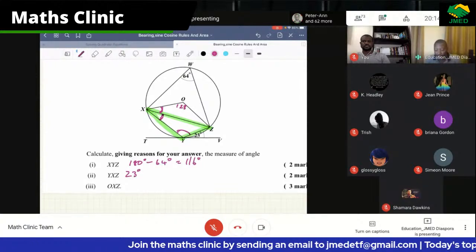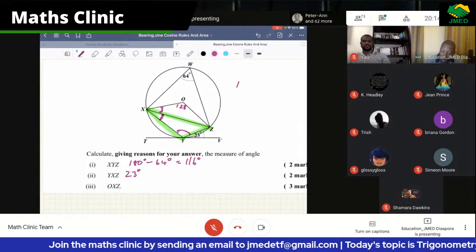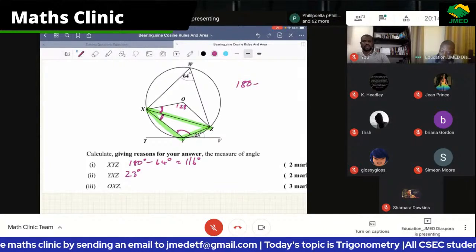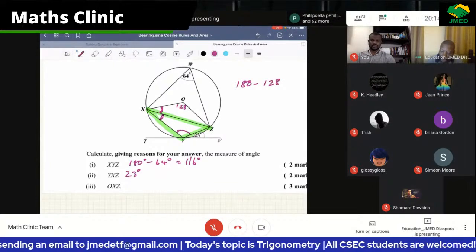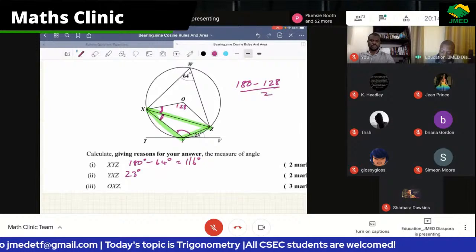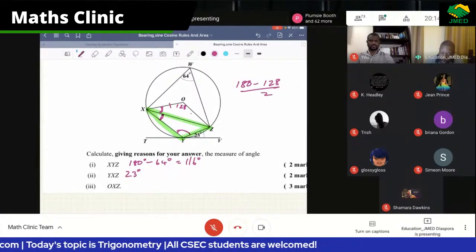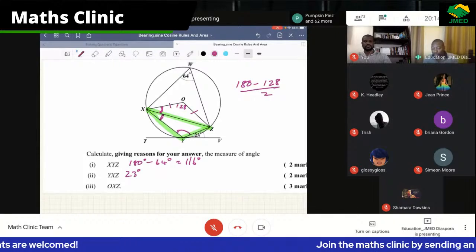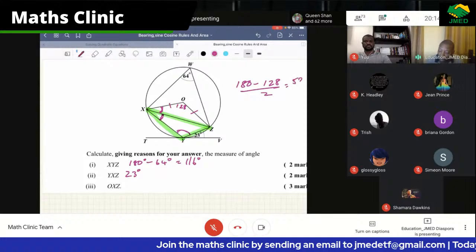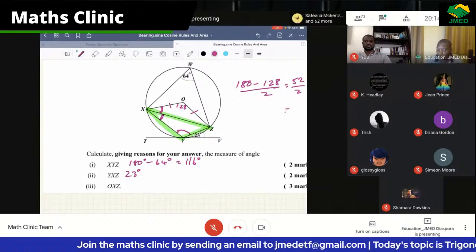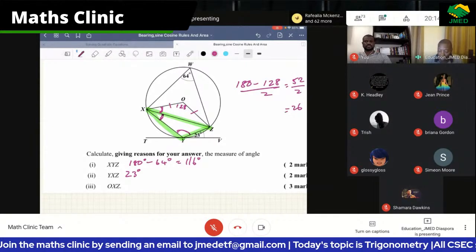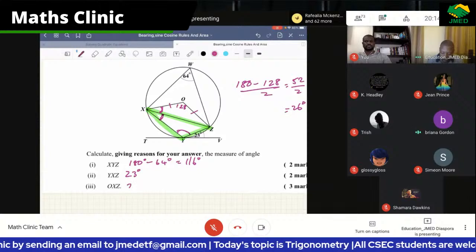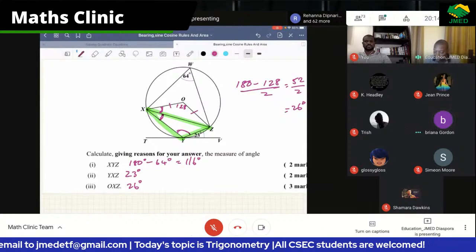Yes, twice that. So then we'll have 180 minus 128, and we're going to divide that by 2 because we are having an isosceles triangle. Okay? So that would be what? 52. So that's 52 divided by 2, which works out to be 26 degrees. Am I correct? Yes?